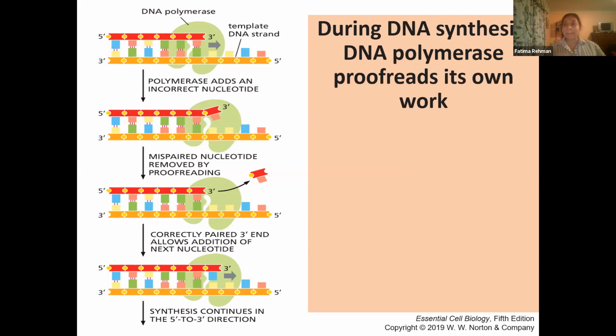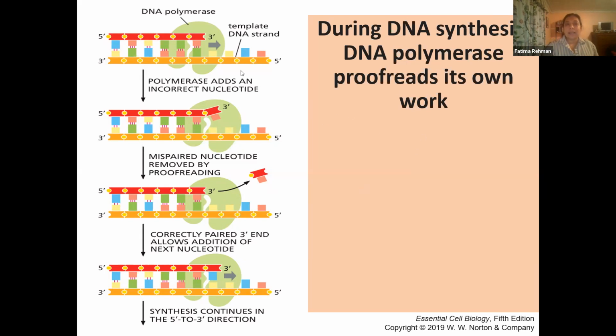So there is a built-in kind of accountability within the DNA replication process, which is why we are able to stay the way we are and to maintain our integrity as an organism. It is a very important function that it also holds in addition to just putting together the DNA.